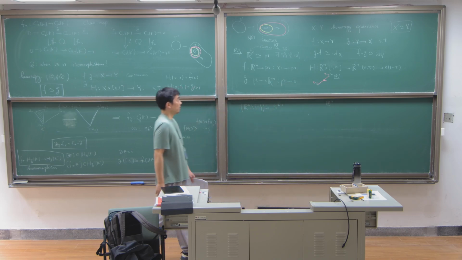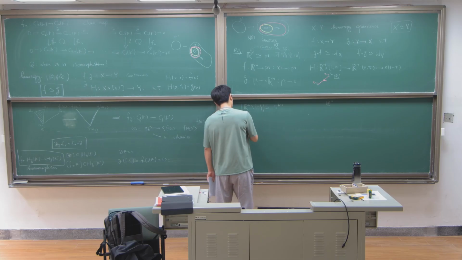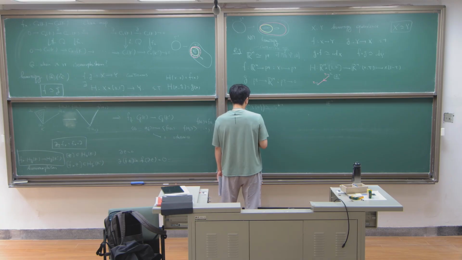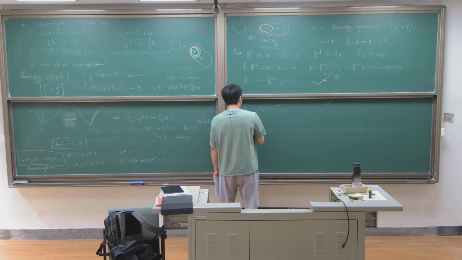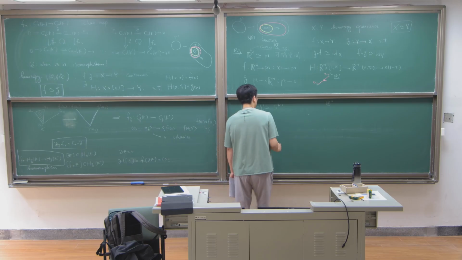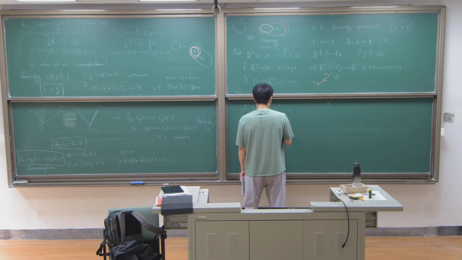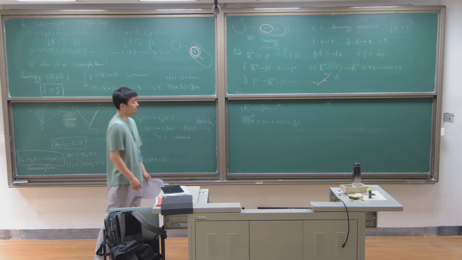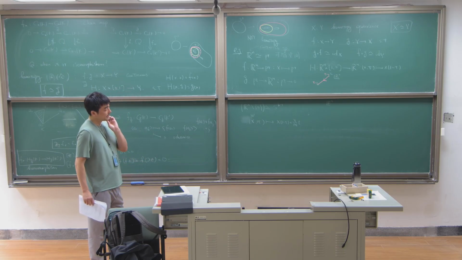Okay. Then any point x and t is mapped to a point on the segment between x and x over its norm, so you can take such a map.